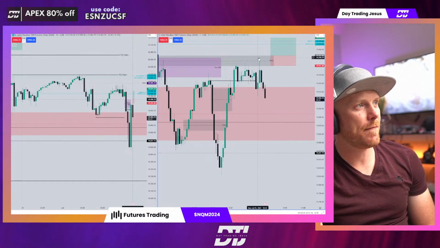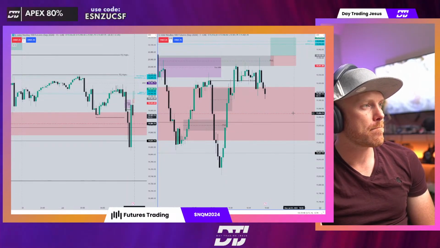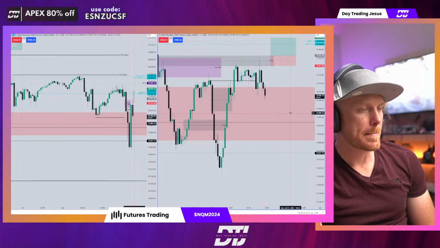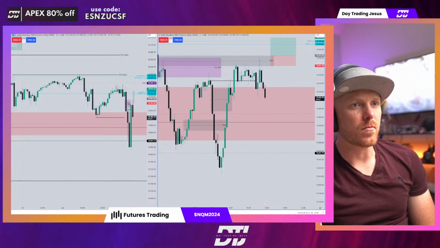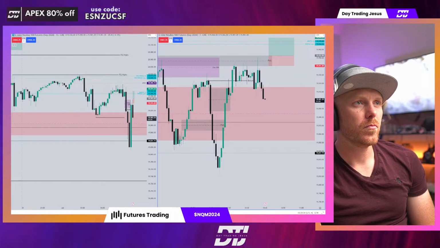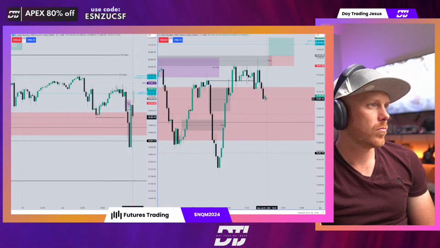All right, so we had that fake move with the wick, bodies closed in, and now we are moving lower. We didn't even close there, and we already grabbed that low, so that sucks. No opportunity on this fair value gap for an inversion either. Look at that close.